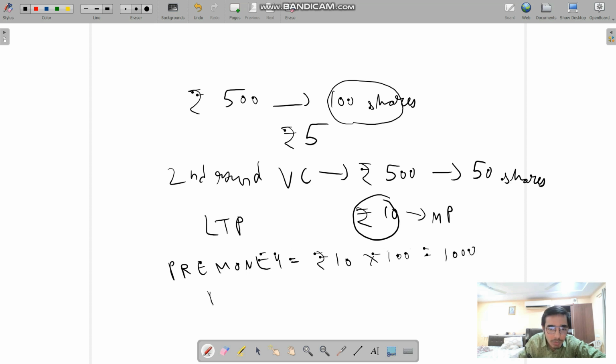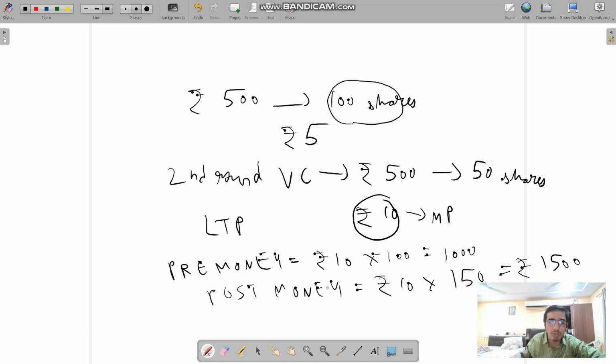So 1000 is the pre-money valuation, and the post-money valuation will be rupees 10 into the total number of shares which are issued till now, which is nothing but 150. So this comes to rupees 1500.